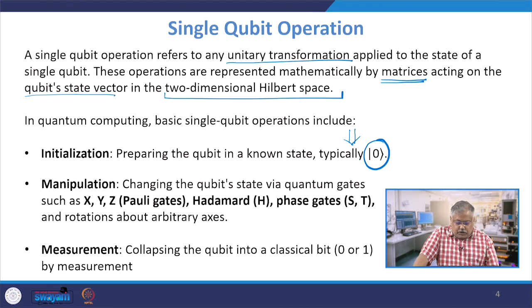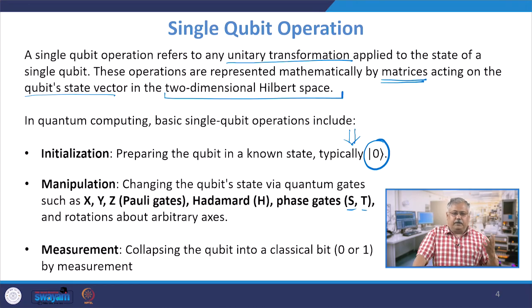Next, manipulation means changing the qubit state using quantum gates, which are the Pauli gates X, Y, Z, which we have already studied, and the Hadamard and phase gates S and T. This results in rotation about an arbitrary axis. So, if there is an arbitrary axis about which the initialization has been done, by applying these gates you will be able to rotate it clockwise or anti-clockwise.